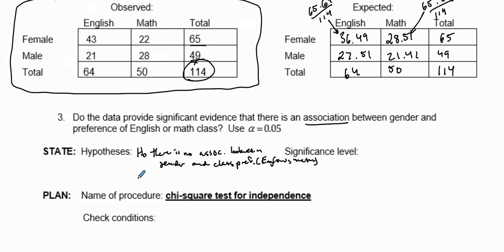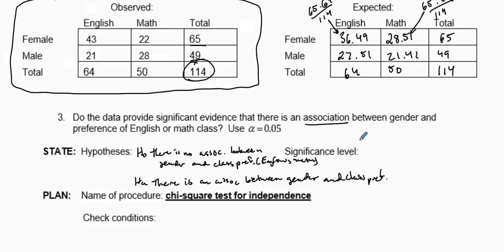The alternative is basically the opposite: that there is an association between gender and class preference.